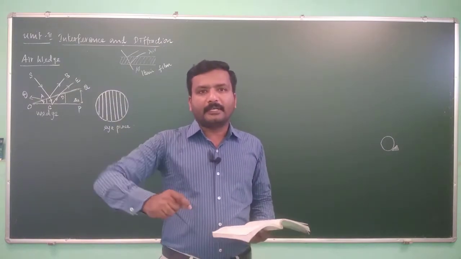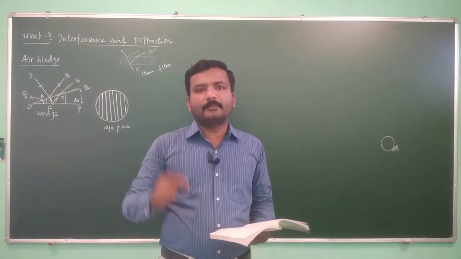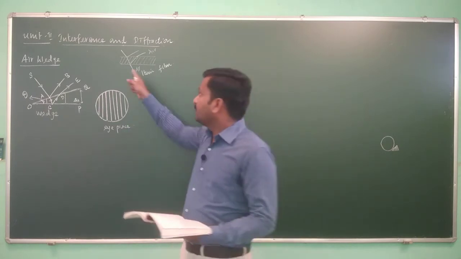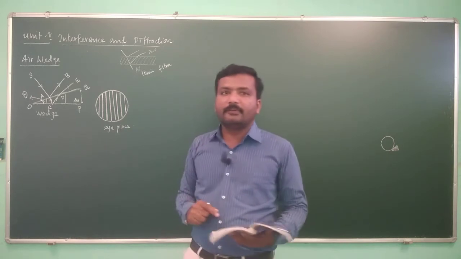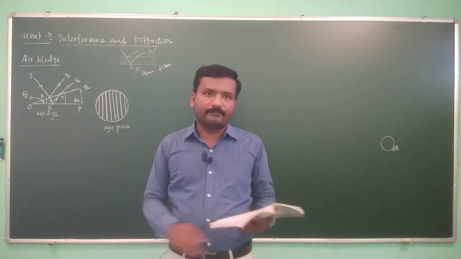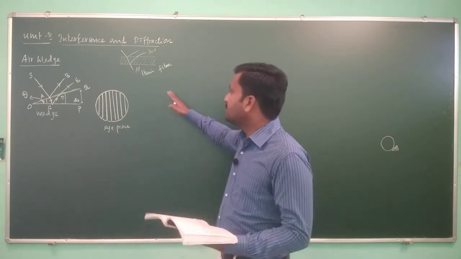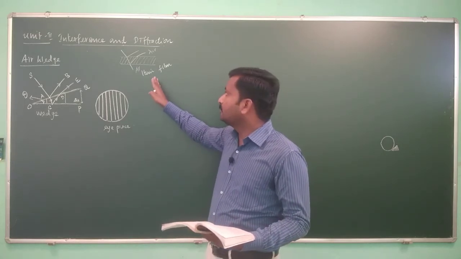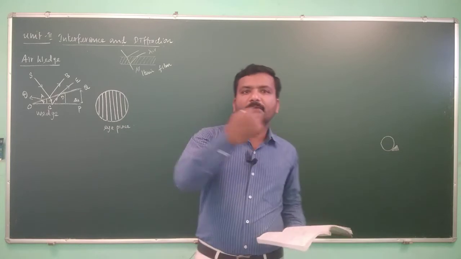Now we can apply the condition for bright fringe and dark fringe that we have derived from thin film to the air wedge as well. Now we are applying that condition for dark fringe, which is obtained from thin film, that we discussed in our previous lecture.